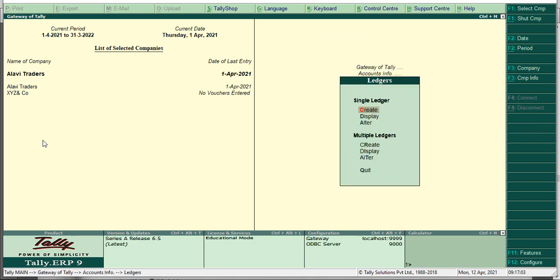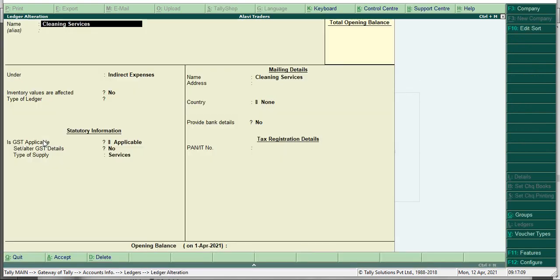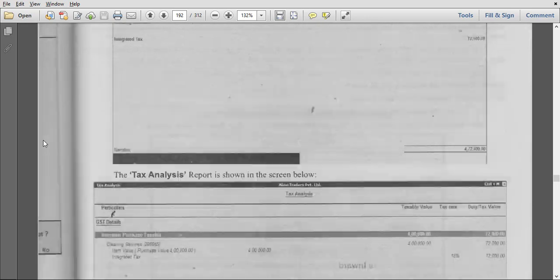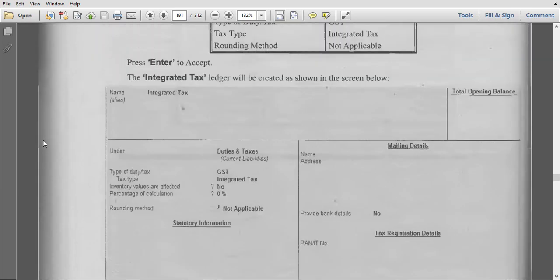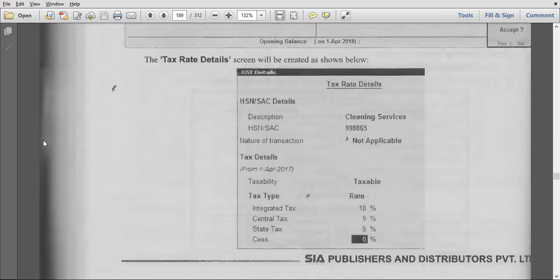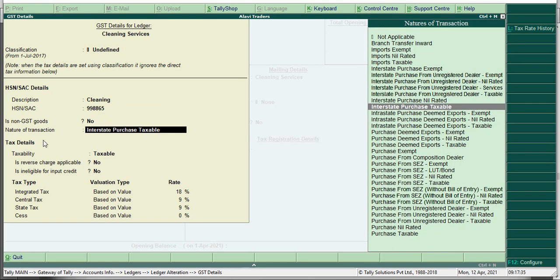Accounts info, ledger, alter, cleaning services, indirect expenditure. 18% it's right, is not applicable.